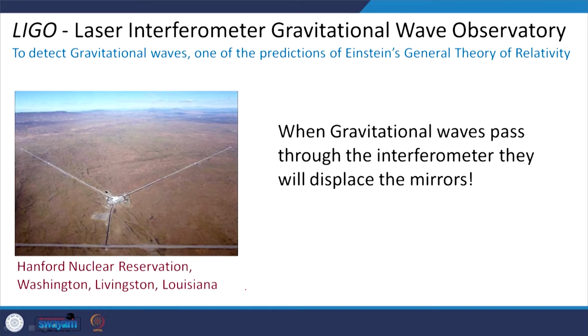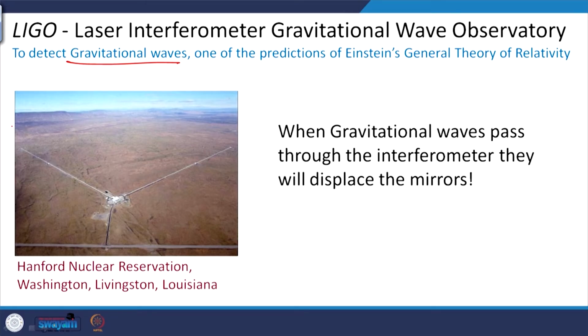After 130 years, they got this Nobel Prize because of the detection of gravitational waves, and that is done using the Laser Interferometer Gravitational-Wave Observatory, where you can see that this is a Michelson interferometer and each of the arms is in kilometers.